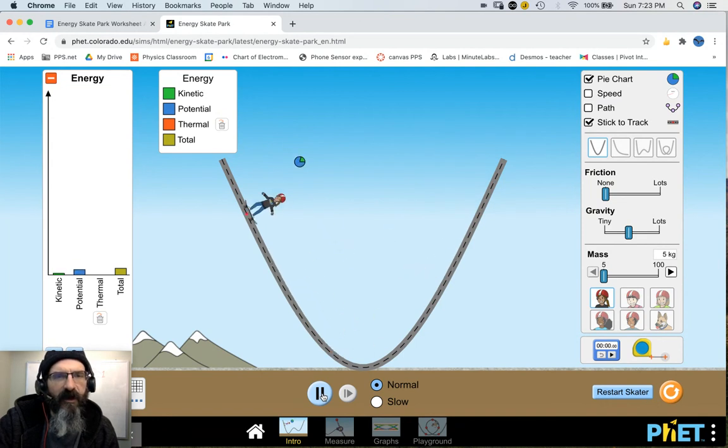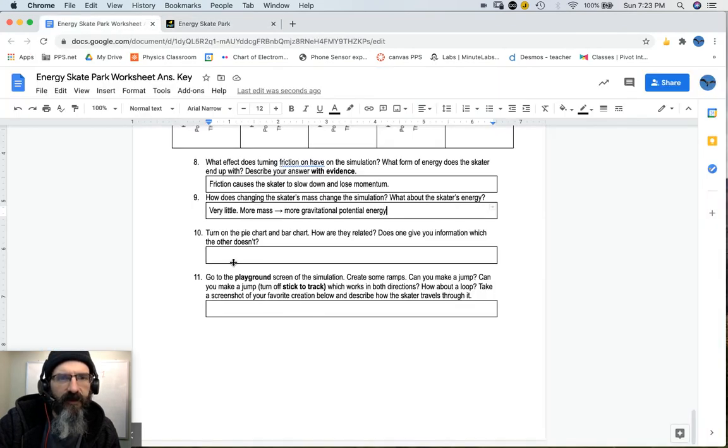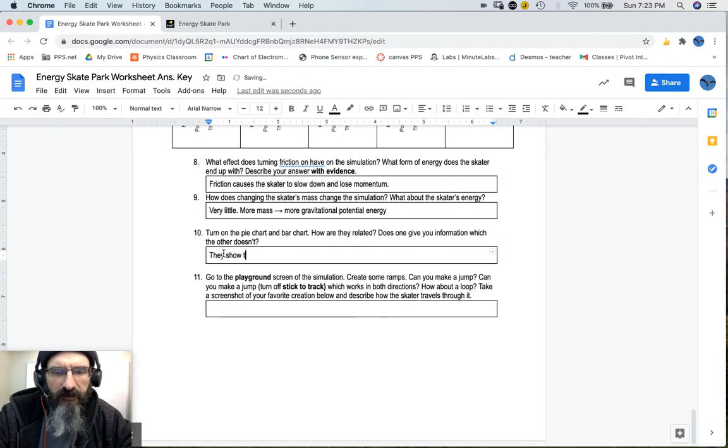A small pie is small total energy. What do you think? Does one give information the other doesn't? How are they related? They show the same energies. They give the same information.